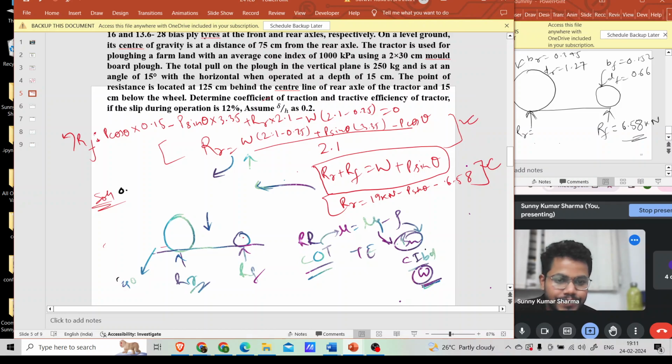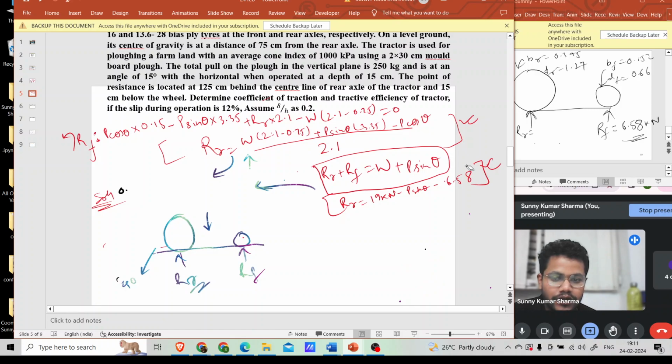Did you get it, Venkat? Do you have any question from here? You know how to calculate RF and RR, the dynamic front and rear wheel reactions.